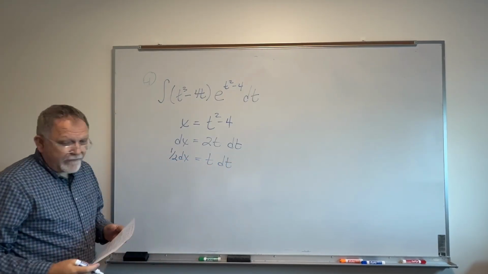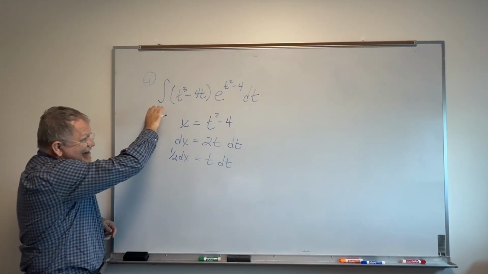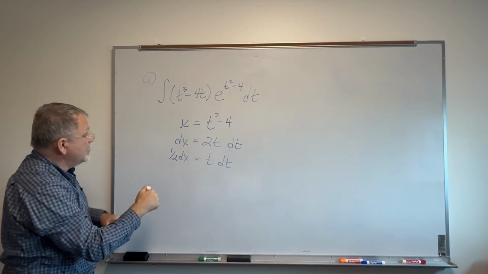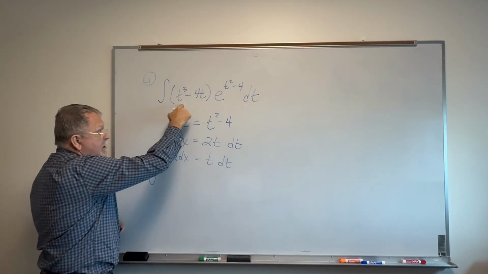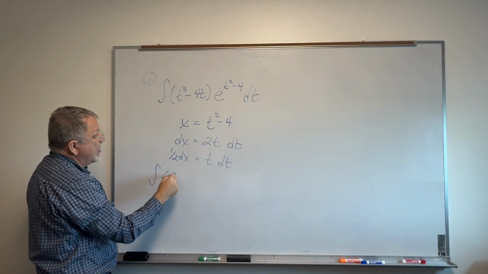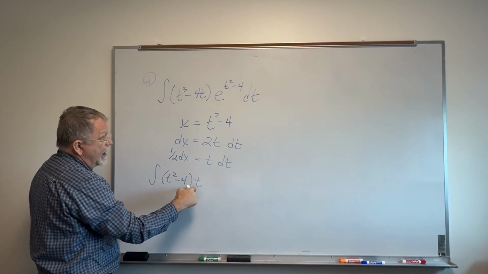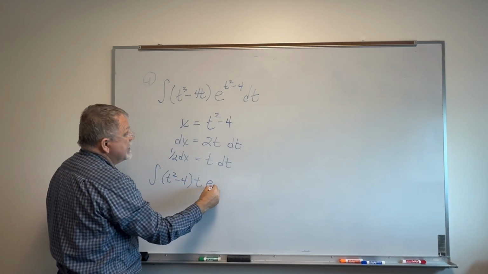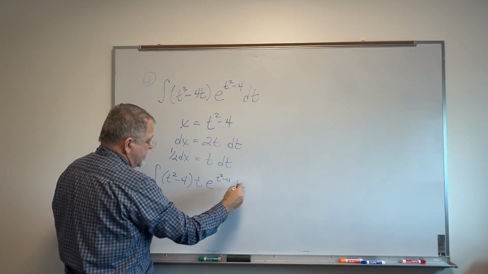All right, it may not be obvious what I'm doing here yet, but let me tweak that slightly, and then you'll see why I'm doing what I'm doing. So I'm going to rewrite this, but I'm going to factor out a t here. When I factor out a t, I have t squared minus 4. Then that t that I factored out, I still have e to the t squared minus 4 dt.